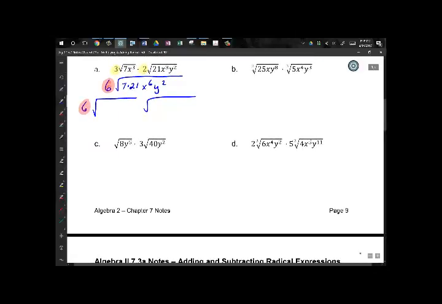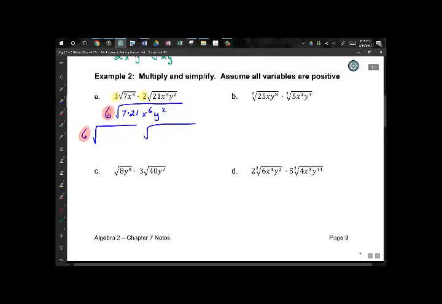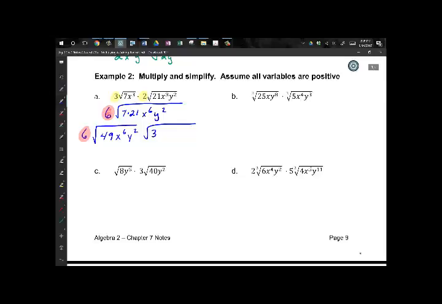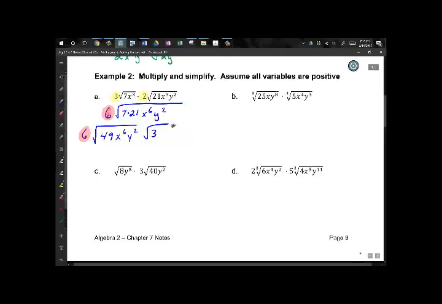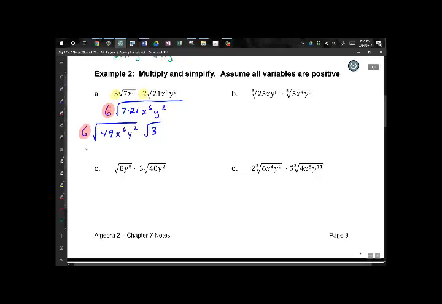7 times 21. Well, in the 21, there's another 7. So that gives me a 49 there and a 3 there because we have 7 times 3. X to the 6th is even. Y squared is even. So both of those will go on the front because we're taking the square root here. This leads us to then simplifying this down, and we're going to have that 6 come down just like before.